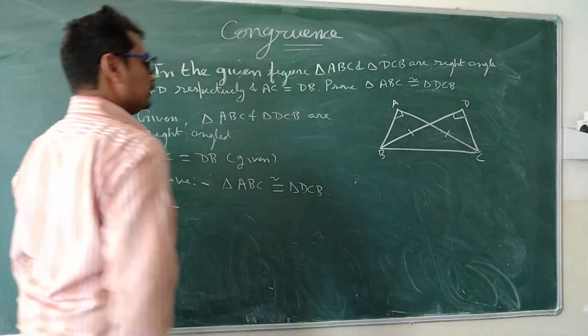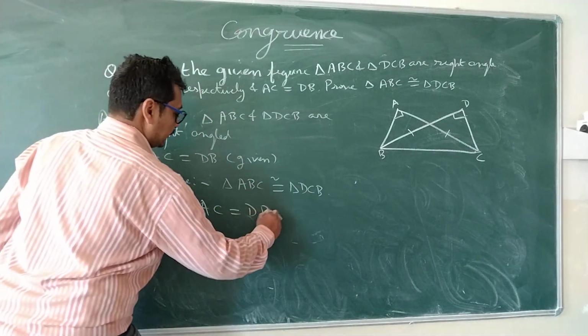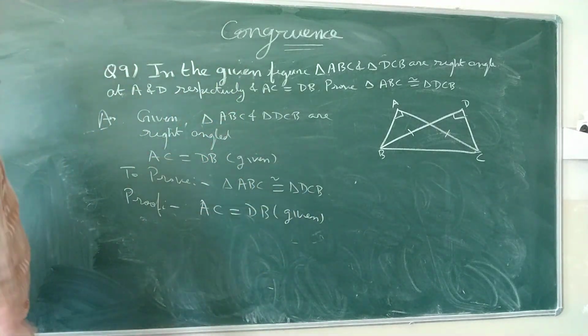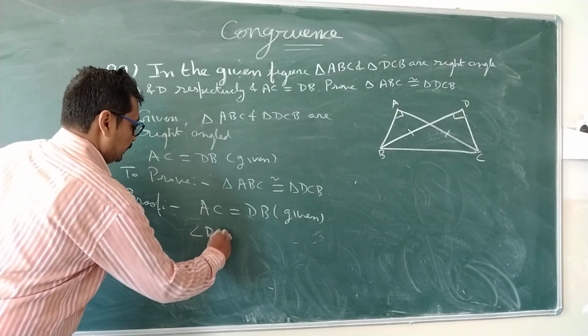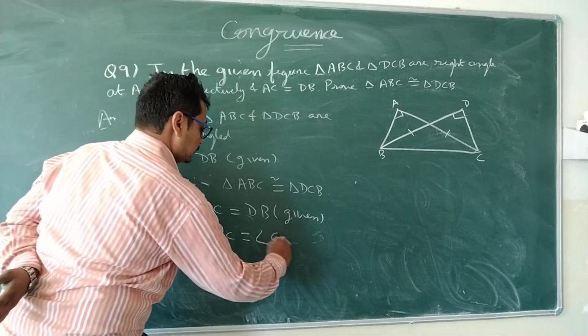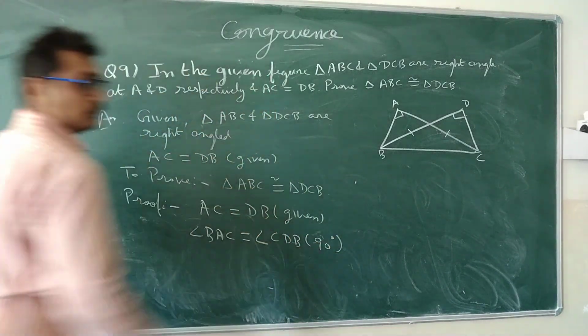When we look at this figure, we can say here AC is equal to DB. This is given to us. Angle BAC is equal to angle CDB. This is 90 degree.